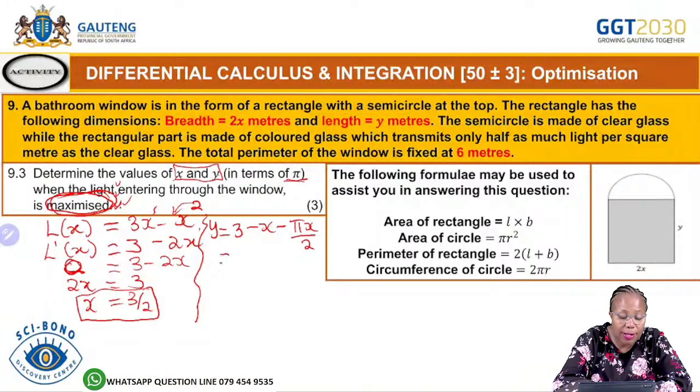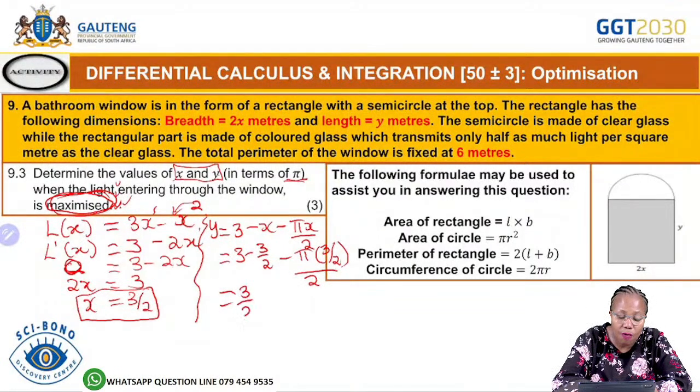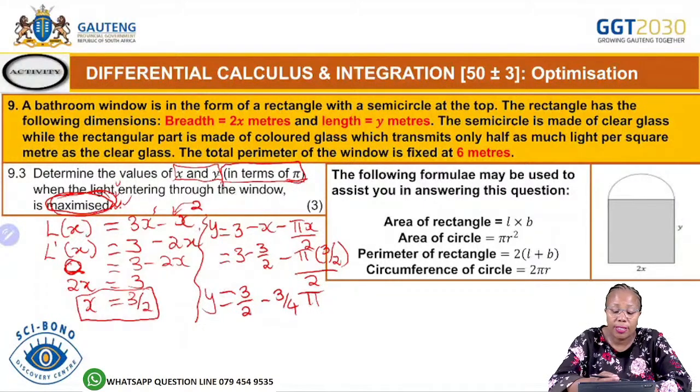Then we are going to substitute the x value now. 3 minus 3 over 2 minus pi into 3 over 2 over 2. Put everything into your calculator. This gives you 3 over 2 minus 3 over 4 with the pi. They said your answer must be in terms of pi, so that is our y value in terms of pi.